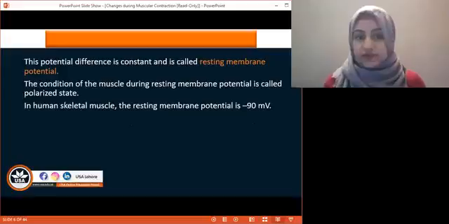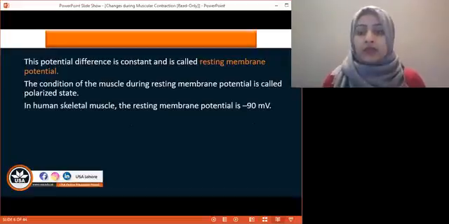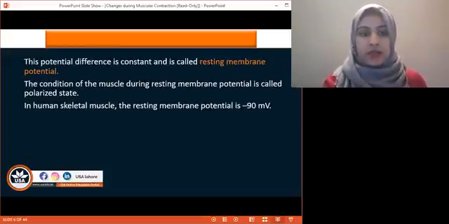And this potential difference is constant. As long as the muscle is in the resting membrane potential, there won't be any change. So the condition of muscle during resting membrane potential is also called the polarized state, when the potential difference is constant and there is positivity outside and negativity inside.